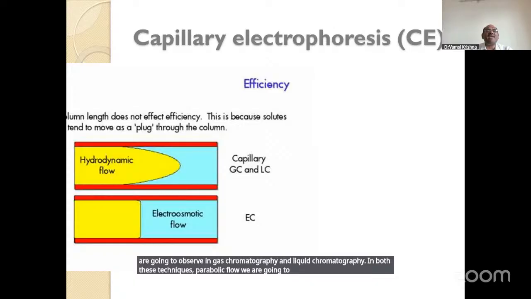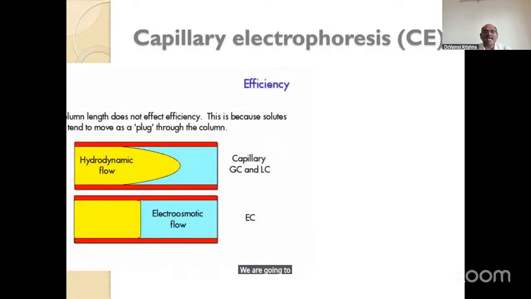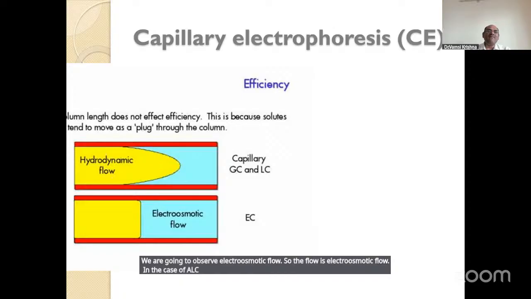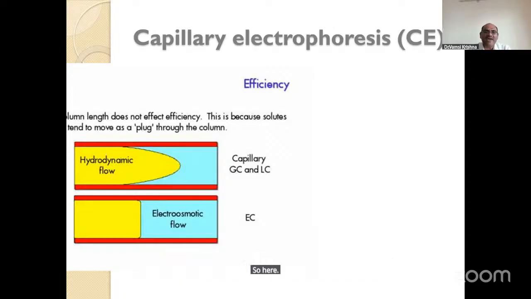But in the case of capillary electrophoresis, we observe electroosmotic flow. In the case of LC or GC, the flow is a hydrodynamic flow. If you observe the flow behavior, in electroosmotic flow, the flow is plug-like.